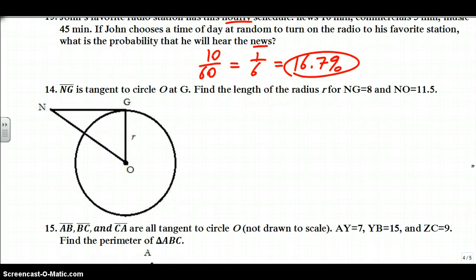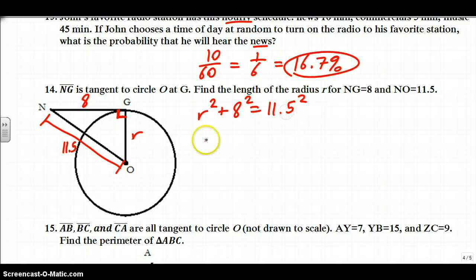14. NG is tangent to circle O at G. That means this is a right angle. Okay. Find the length of the radius, R, for NG being 8 and this whole length NO being 11.5. Guys, guess what? Without the circle, this is just a right triangle. It's a Pythagorean Theorem problem. A squared plus B squared equals C squared. So R squared plus 8 squared equals 11.5 squared.